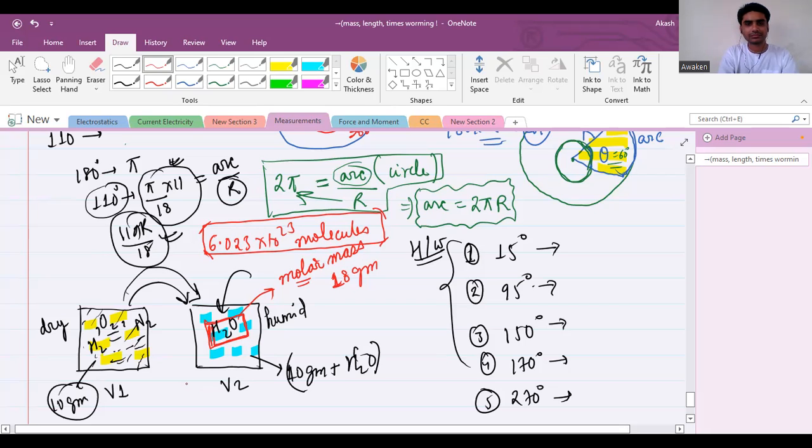It is 8, yes, because atomic number and atomic mass are the same here. So the atomic mass of H2O will be 8 plus 2, 10, like 2 for hydrogen. And for oxygen, what will it be? 16. It's 2 oxygen atoms. So the atomic mass of oxygen is more.